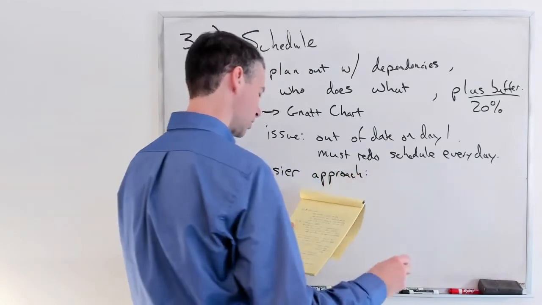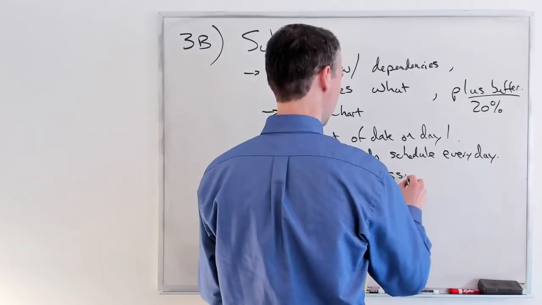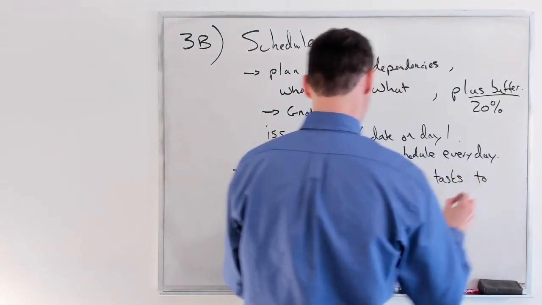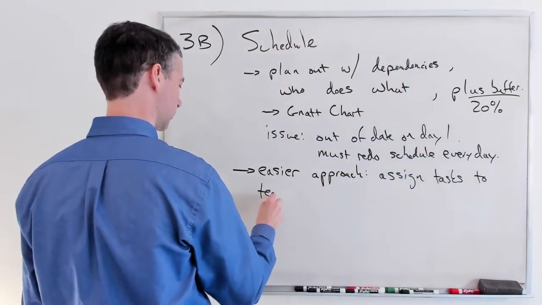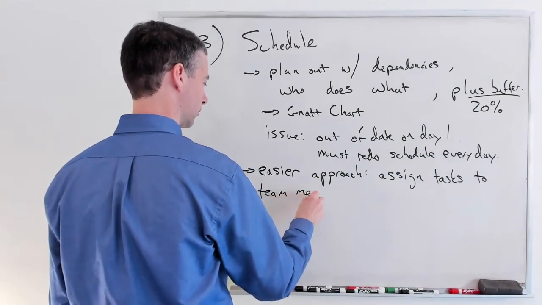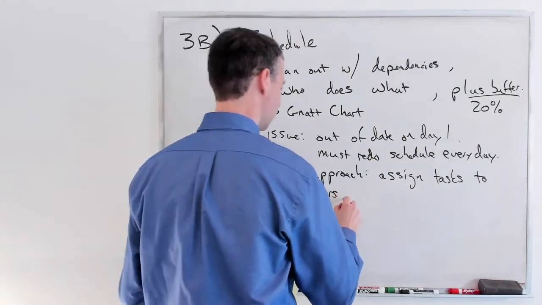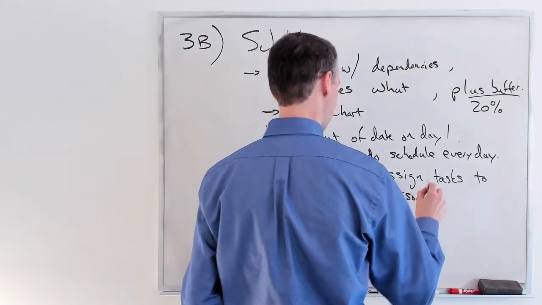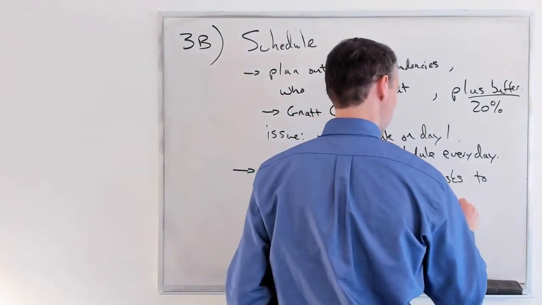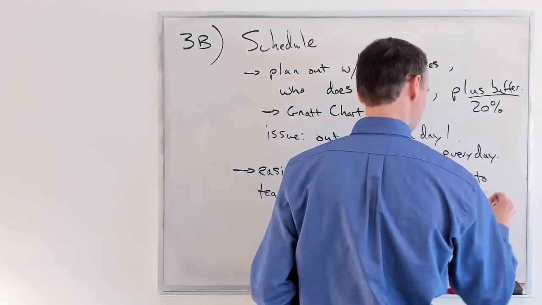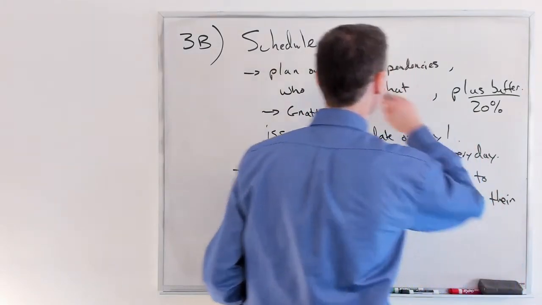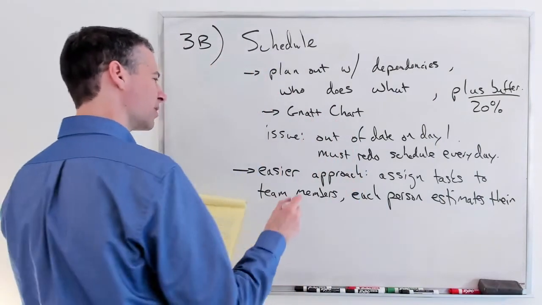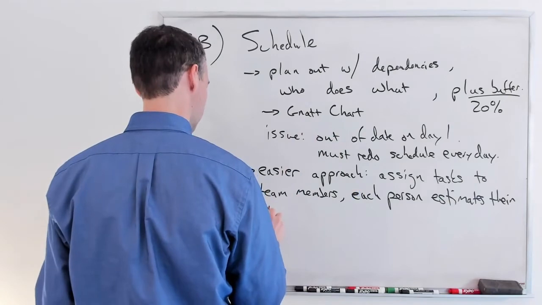So an easier approach is we're going to assign the tasks to team members. Each person, we're going to be sure that each person estimates their own tasks. Now you could do this as well up here. Okay, we'll get back to that. But let's say each person estimates their own tasks.